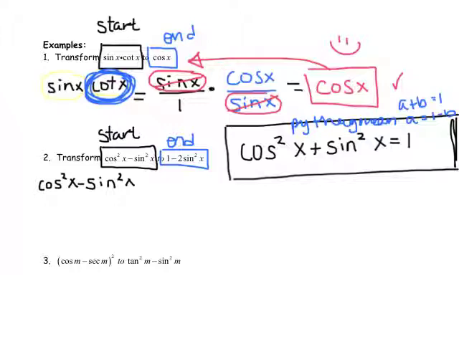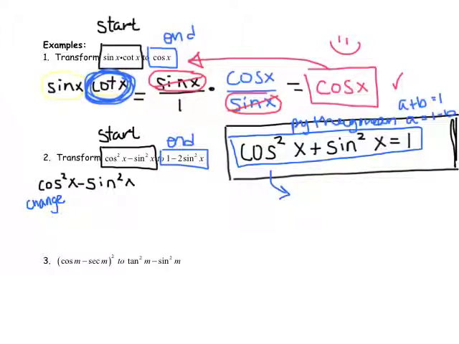The problem is that since I see a cosine squared here, and I don't really see one here, I have to think of how else I can write this. Since I have cosine squared plus sine squared equals 1, what I'm trying to do is change cosine squared. So I want to isolate cosine squared.